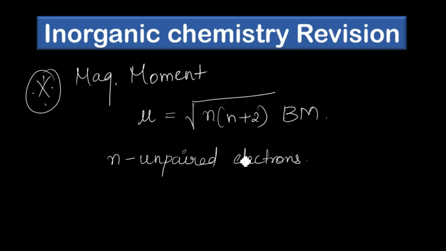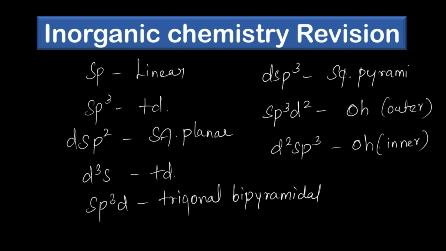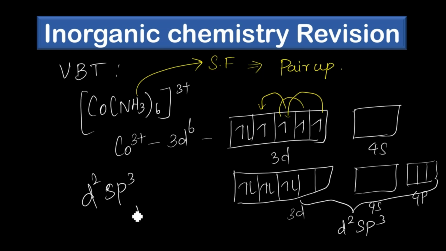If there are unpaired electrons, then the substance is paramagnetic, and only for paramagnetic substances can you find the magnetic moment. If there are no unpaired electrons, then it would be diamagnetic.